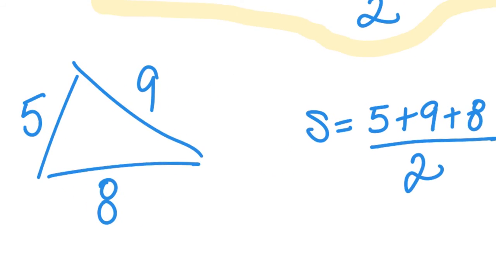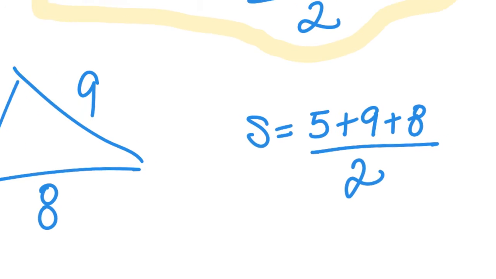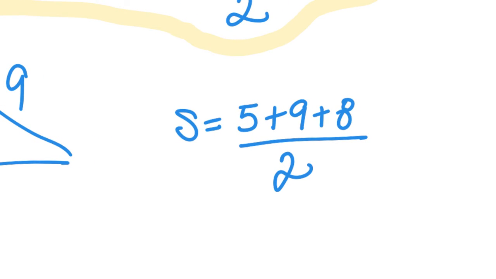So the first thing that we have to do is find s. s is equal to 5 plus 9 plus 8 divided by 2. When I add those up together, well, 5 plus 9 is 14 plus 8 is 22 over 2. My s is 11.